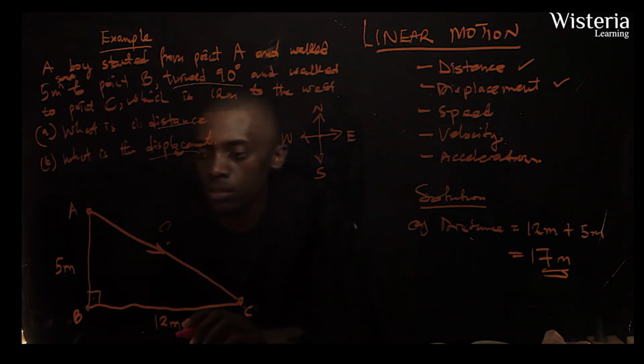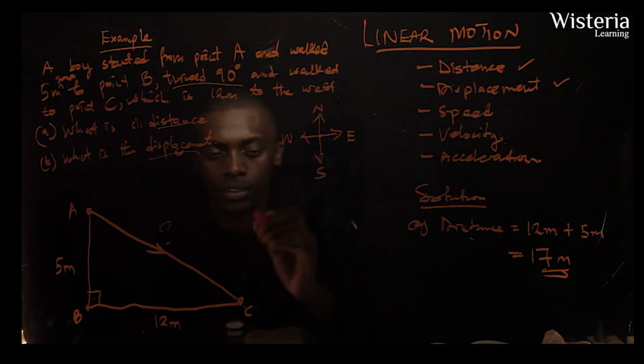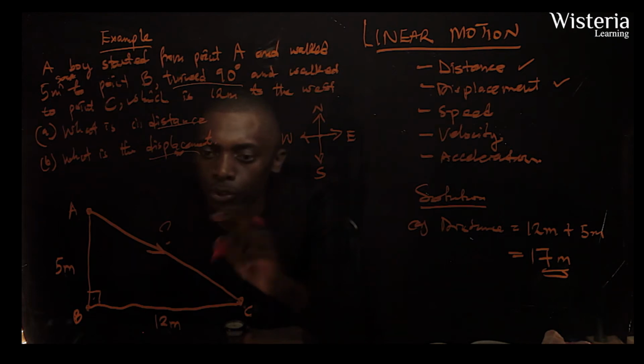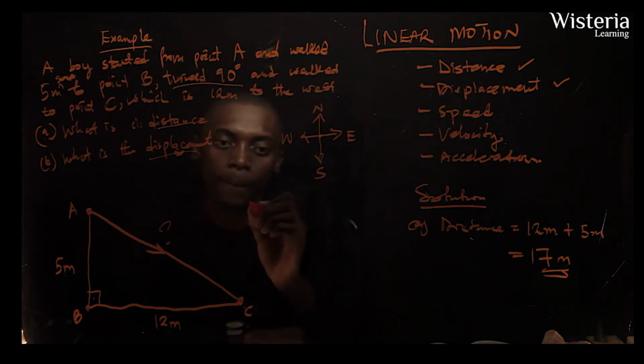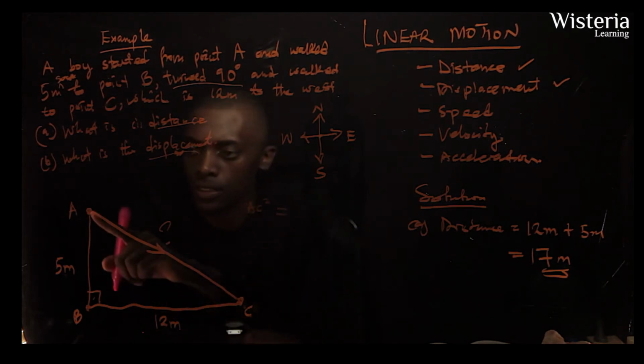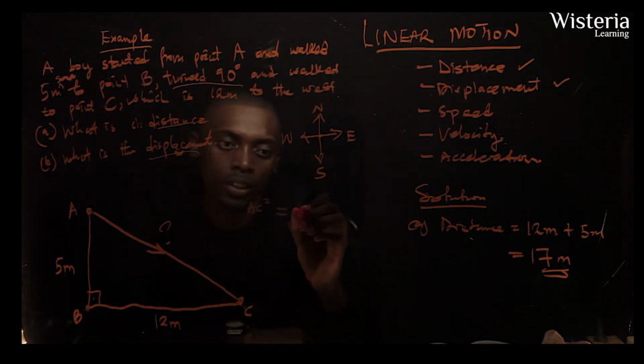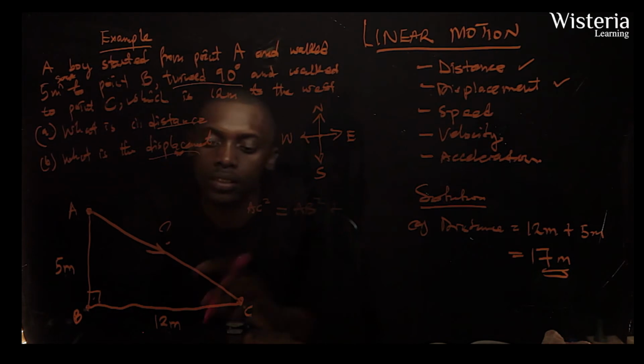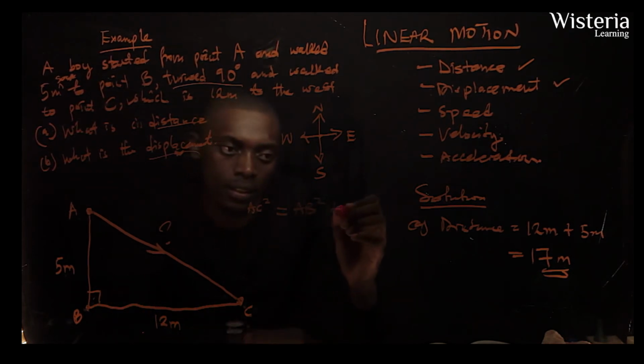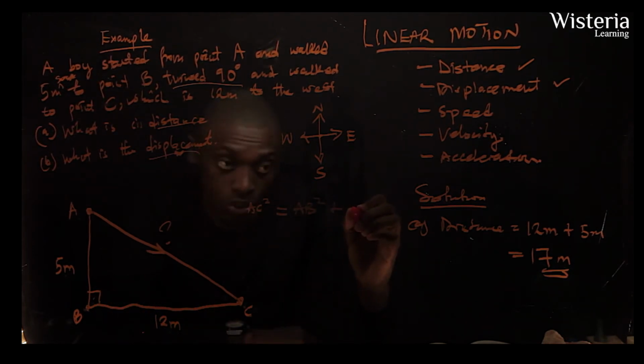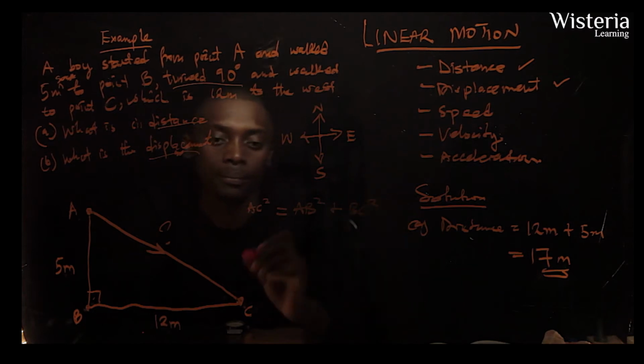Well, we'll need to say that we'll call this distance AC. So our AC squared will actually give us AB squared plus the other adjacent side, which is BC squared.